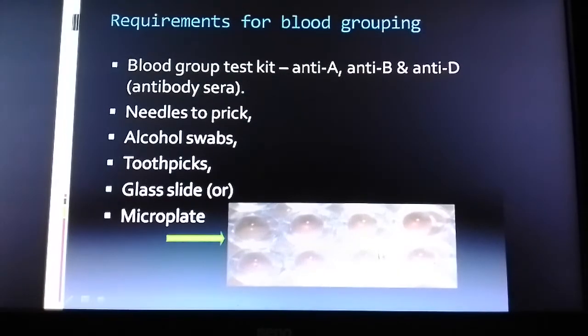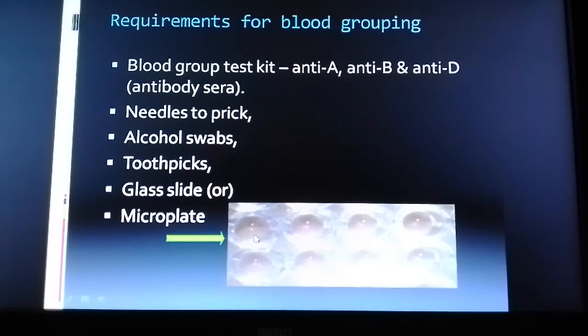Here, just as a model, I have put a part of a microplate, usually used with a lot of cavities in clinical testing laboratories, just to show you how the cavity would be.